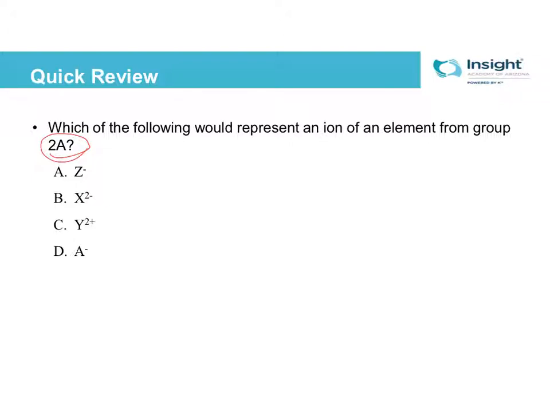Go back to the monatomic ion recording and get that down. As soon as you know it's an A group ion, you should know that it's going to have a specific ion charge that it'll form. And 2A happens to form +2 ions. So C is the correct answer here.